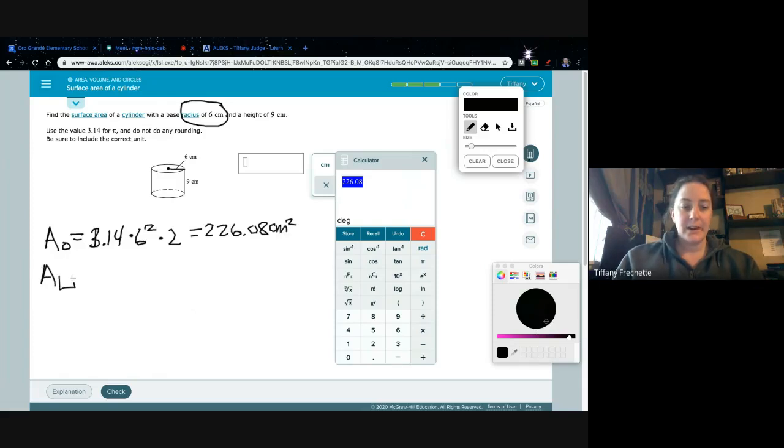And now we want to find the area of the rectangular piece when we peel it apart. So we go 2 times pi times r. Again, that's circumference. So that's the length. When I peel this, the circumference open here, remember that's the length. That's why we have to do that, because it makes a circle when I put it together.